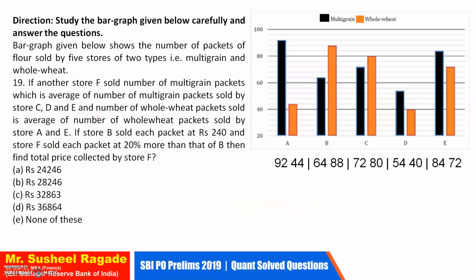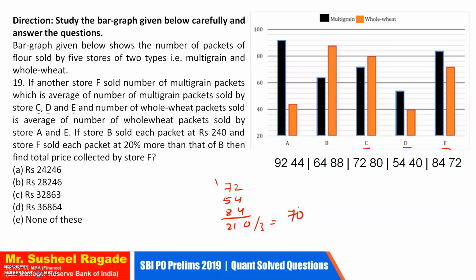So these are very easy questions, not much difficult. Here there might be some large calculations. If store F sold a number of multigrain packets which is the average number sold by C, D and E multigrain, so 72, 54 and 84. So 210 divided by 3 is equal to 70.